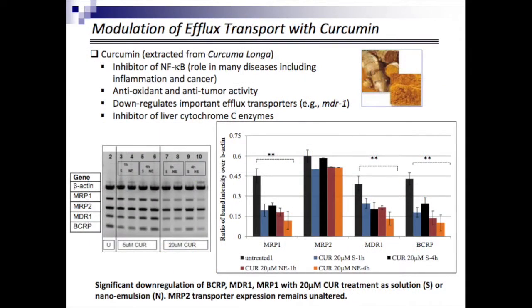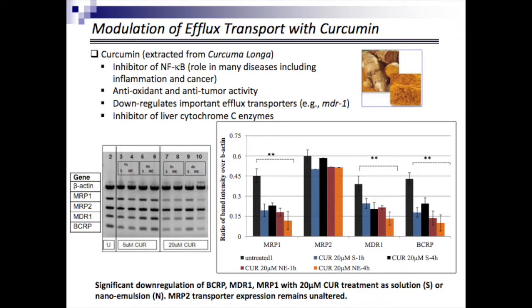And then we also tested a very interesting idea: could we silence or reduce the expression of these transporters? Curcumin, which is a very common spice in Indian and Asian food, is a well-known inhibitor of different kinds of efflux transporters, and has been well characterized. We have done a lot of studies with curcumin to enhance absorption from the GI tract.